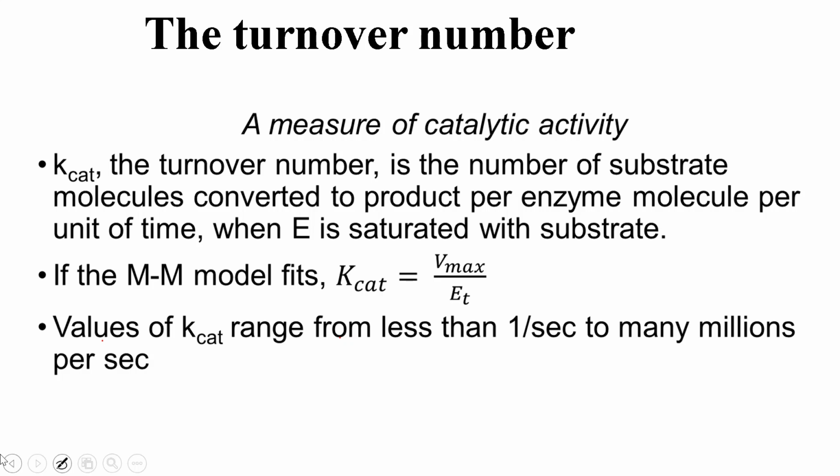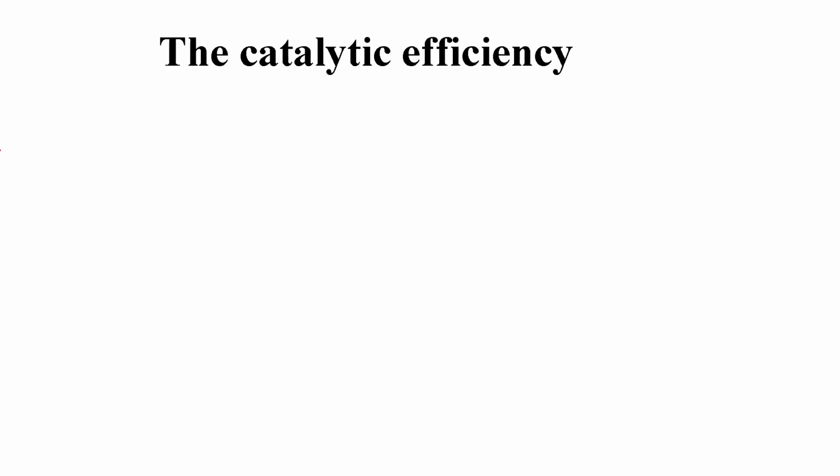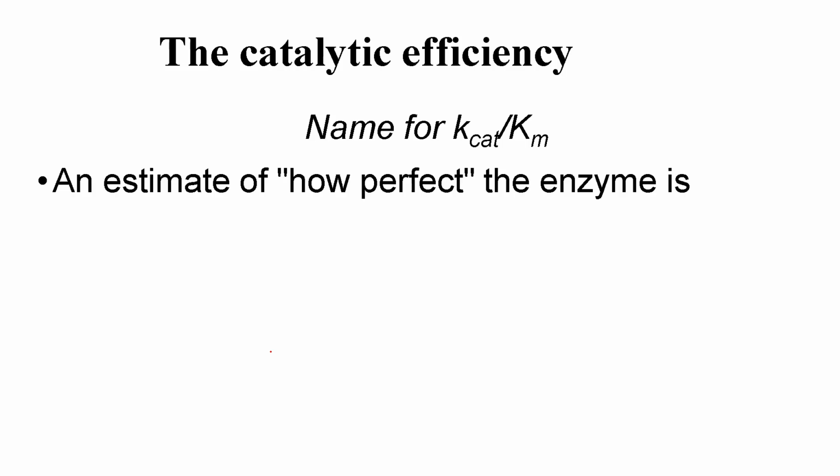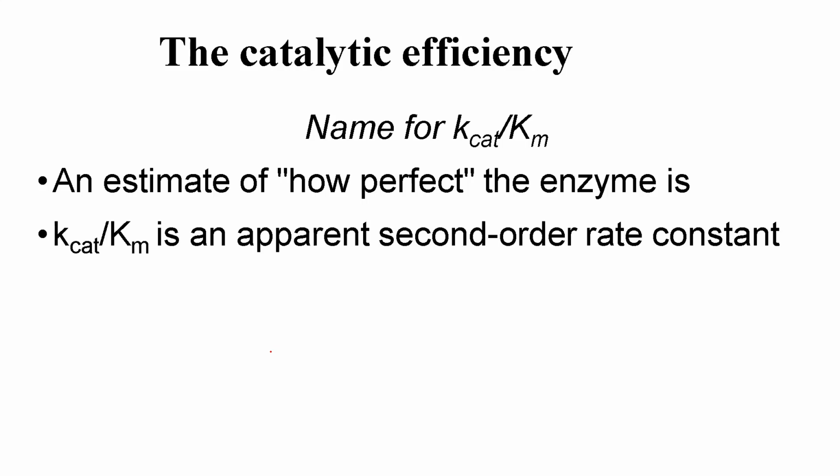So now we have to look at the catalytic efficiency, and it is the ratio of the K cat to the Km. It is an estimate of how perfect the enzyme is.